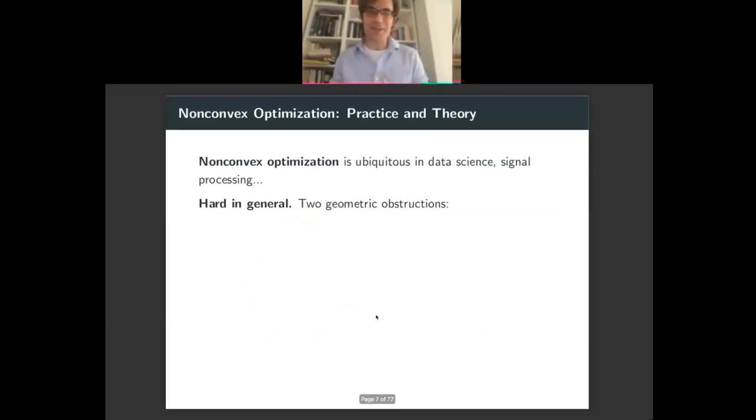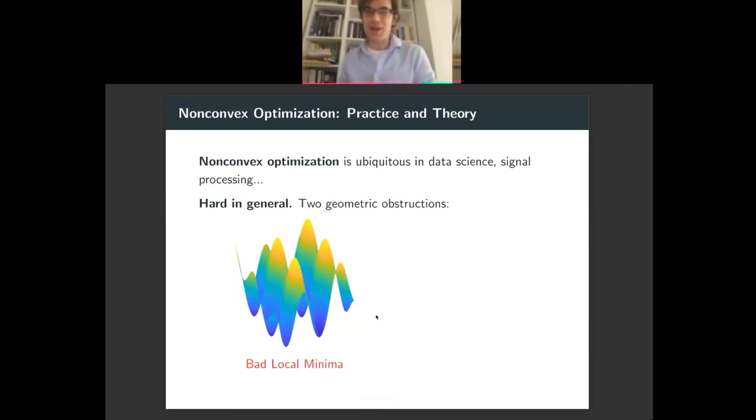And there are very basic reasons for that, right? We all know that it's easy to generate non-convex functions with spurious local minimizers. So a first obvious geometric obstruction to efficient optimization is bad local minima, right? NP hard to find a global optimum. Also, interestingly, and for myself, as not an optimizer by training, I found this very interesting when I learned it.